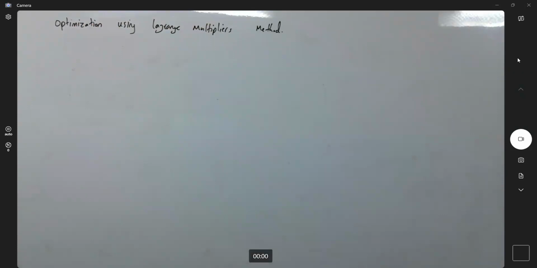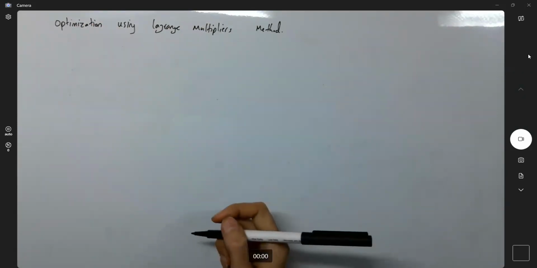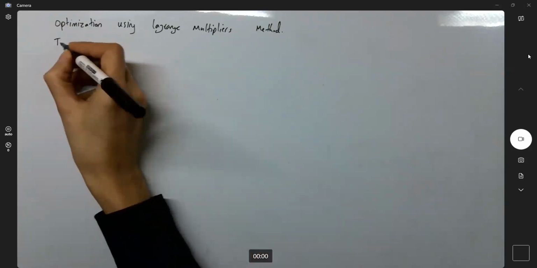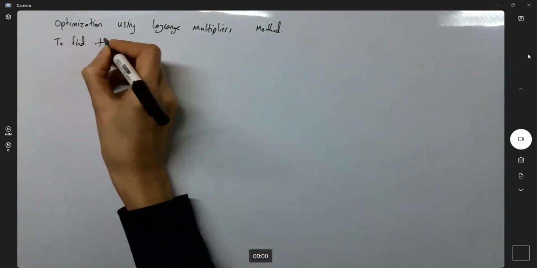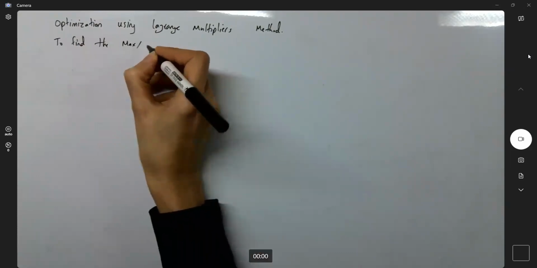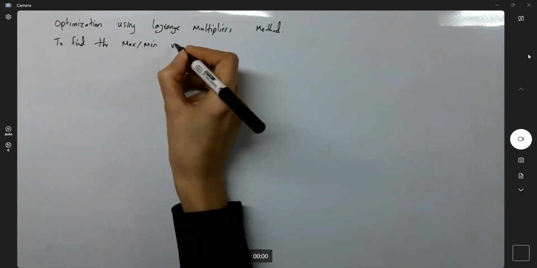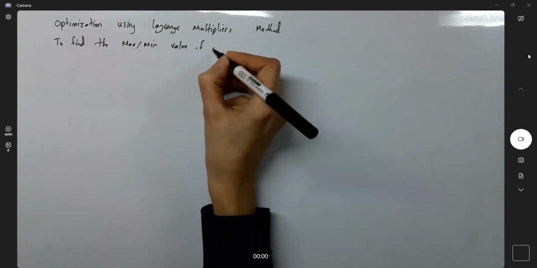What's the idea behind it? Here, to find the maximum and minimum values, we find the maximum or minimum value of a function.